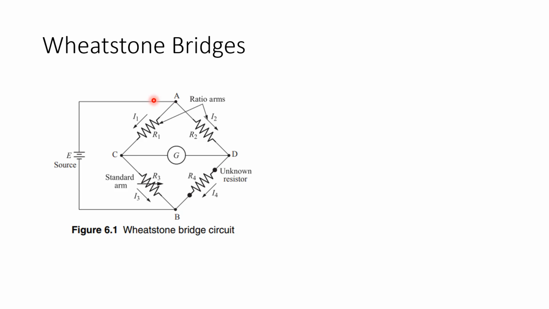So we have I1 and I2 on the ratio arms, and R4 is the unknown resistor, connected to the standard arm, R3.